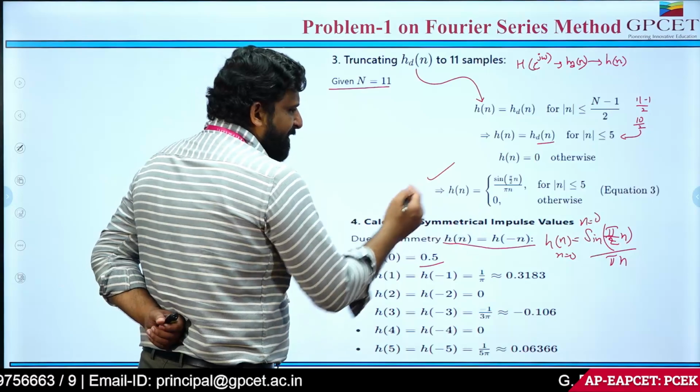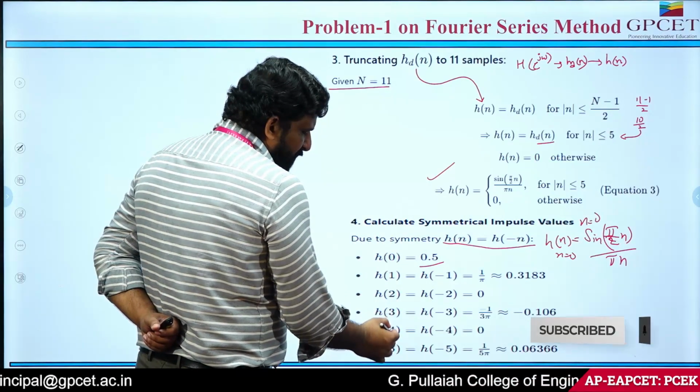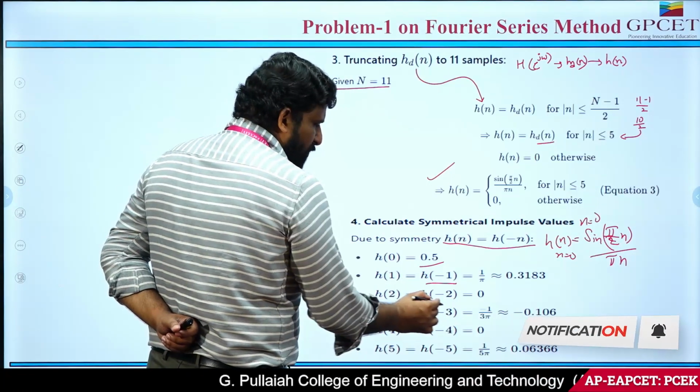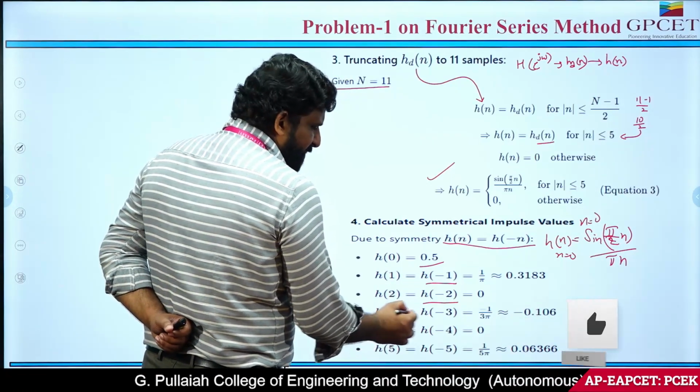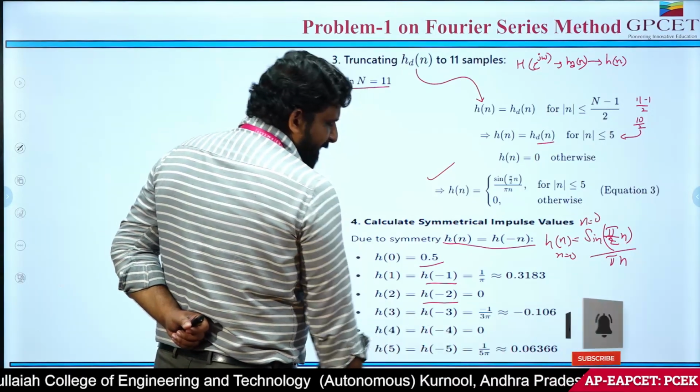With the help of this symmetrical property, we need to find all the values of h of 0, 1, 2, 3, 4, 5, where h of 1 will be equal to h of minus 1, h of 2 will be equal to h of minus 2, h of 3 will be equal to h of minus 3, and so on up to h of 5 is equal to h of minus 5.